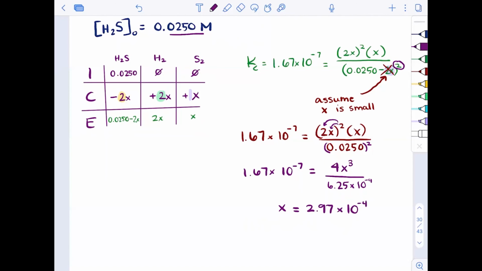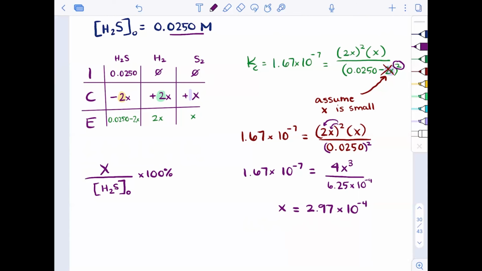Let's see if we've established the 5% rule. The x divided by the initial concentration times 100%. If this is equal to 5% or less, then we can keep this x value.